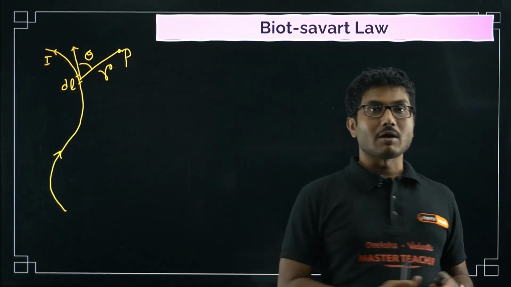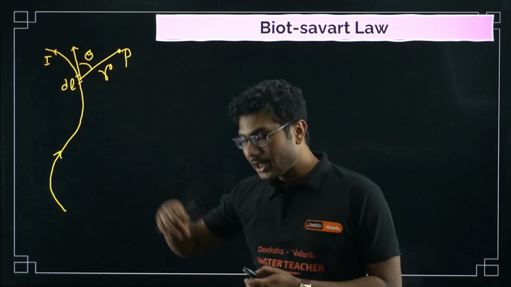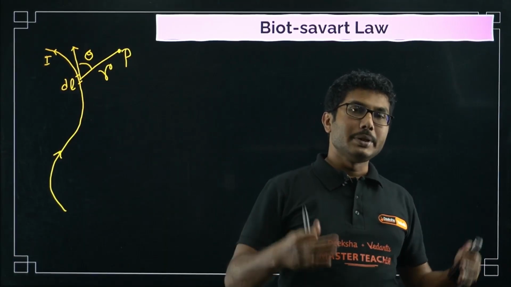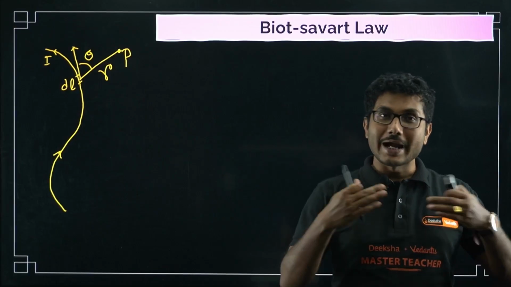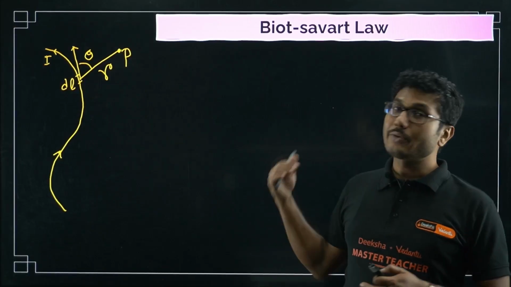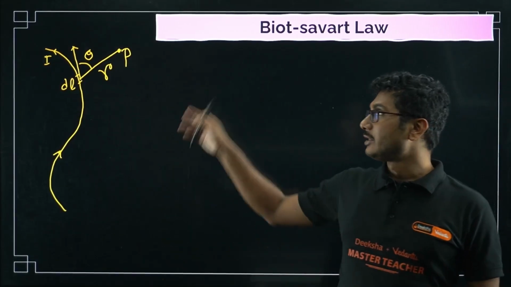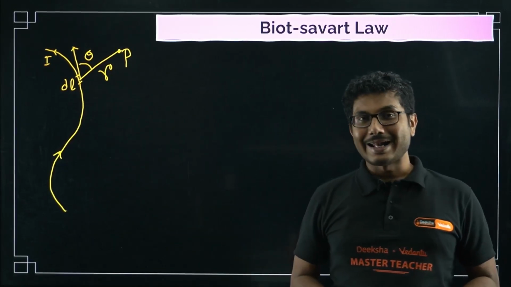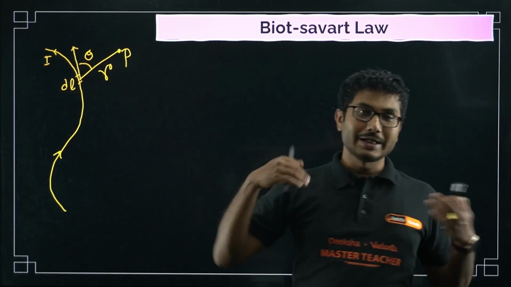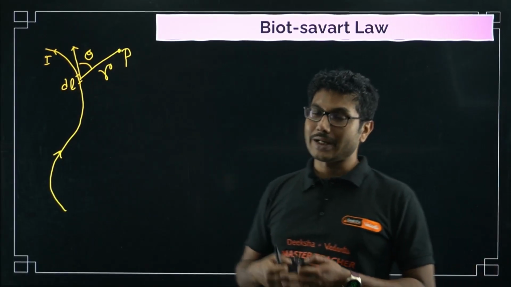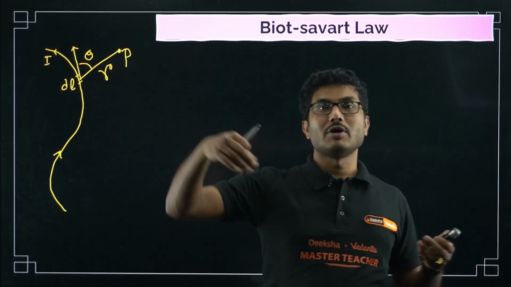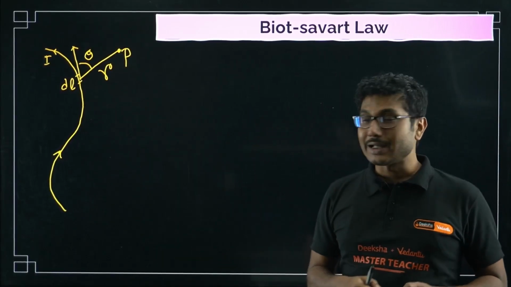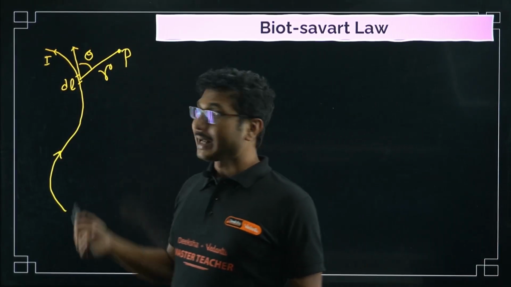Now Biot-Savart law is talking about a moving charge, and due to that moving charge there will be a magnetic field. That we are trying to find here. Here, instead of a single moving charge, we are considering a current carrying element. A current carrying wire is basically a continuous flow of charged particles, and for that continuous motion of charged particles, we are trying to find the magnetic field.